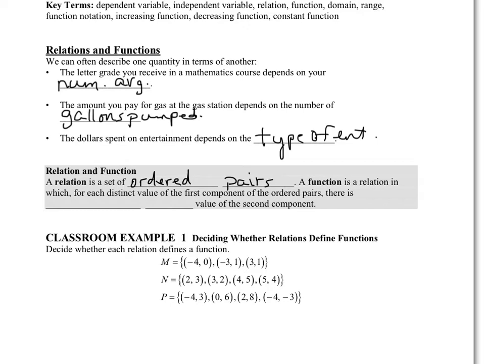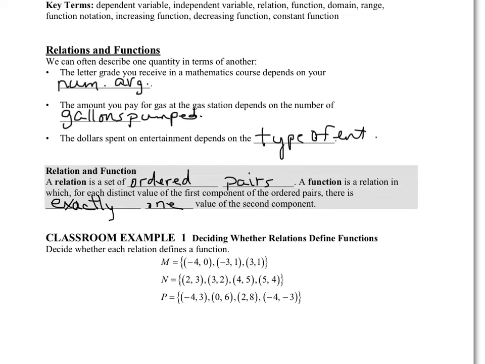A function, however, is a relation in which for each distinct value of the first component of the ordered pairs, there is exactly one value of the second component. Now, here's what that means in practical terms.